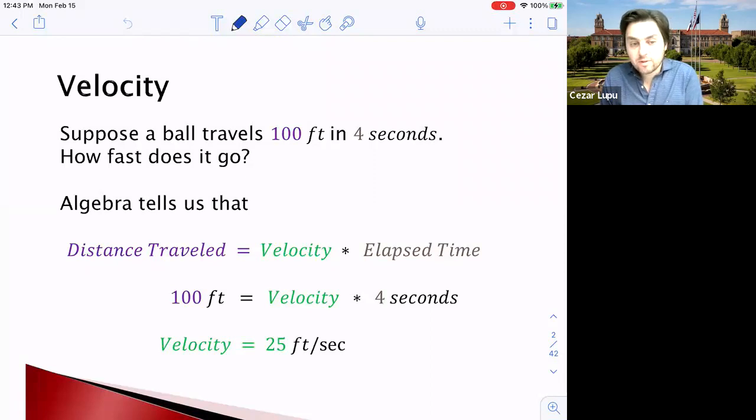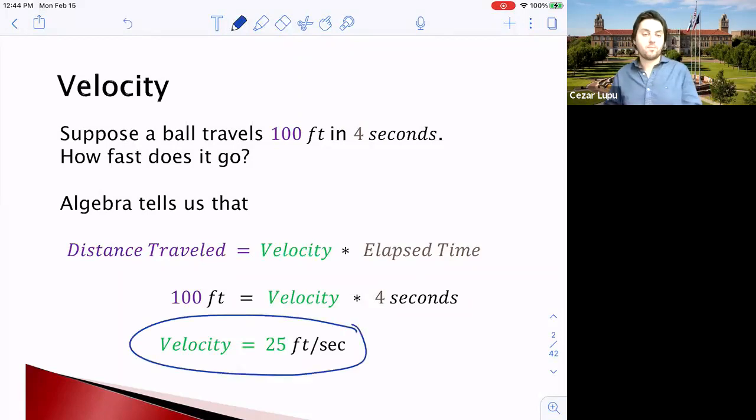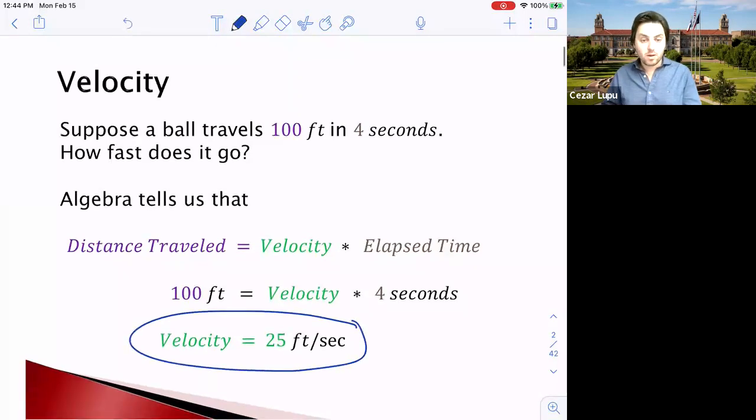So since the distance traveled is 100 feet, then 100 will be the velocity times the elapsed time, which is 4 seconds. So this will imply that the velocity would be 25 feet per second, right? So that's what we will deduce. Pretty simple.